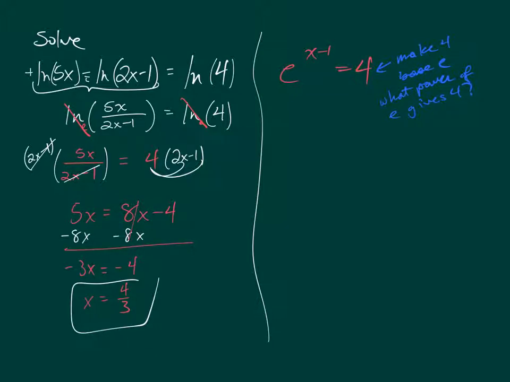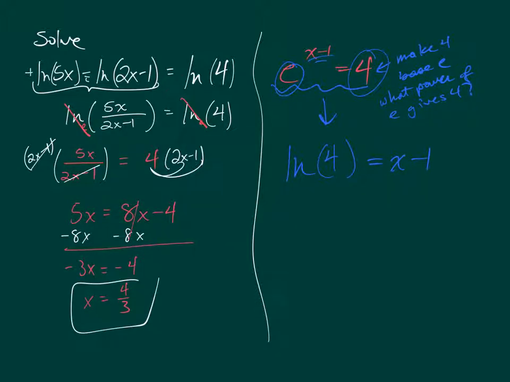What power of e gives you 4? I have no idea. And if you are having trouble trying to figure out what power of e gives you 4, you're probably going to have to rewrite this equation in log form. So I see here my base is e, so that's going to lead me to write a natural log. And I know the log will always equal the exponent, and the exponent here is x minus 1, and this 4 will go into the argument.